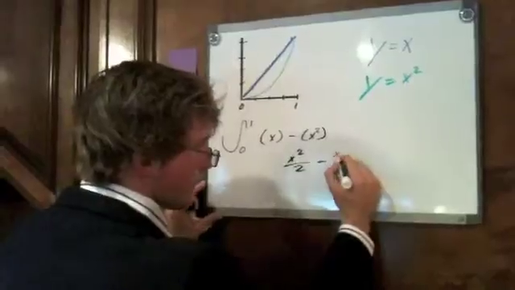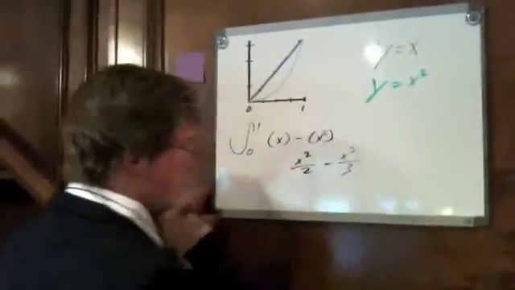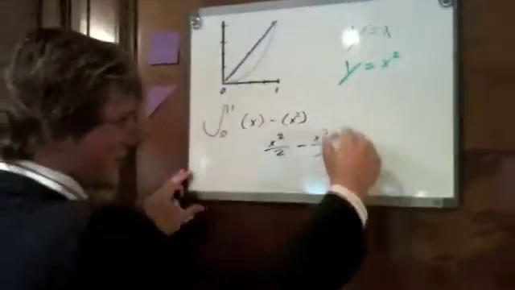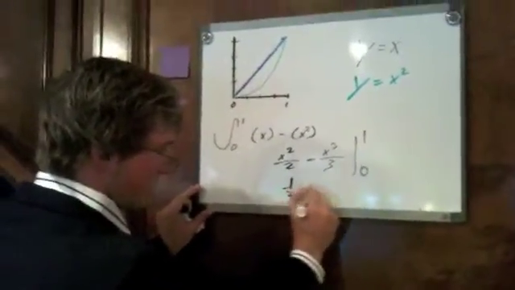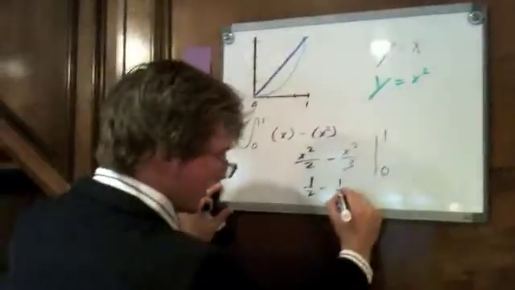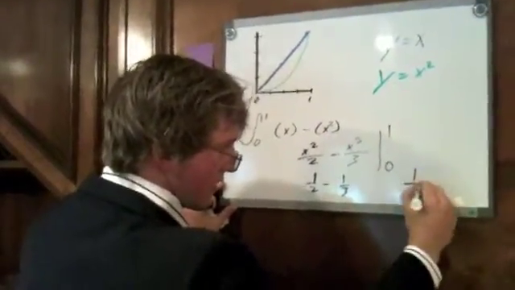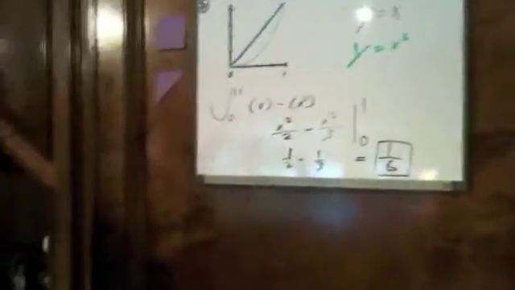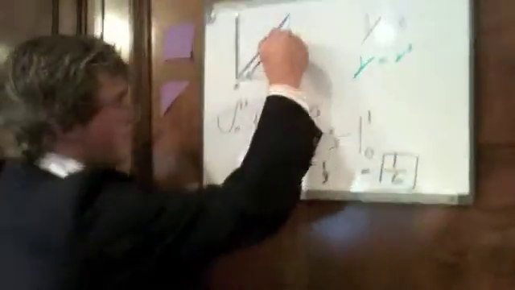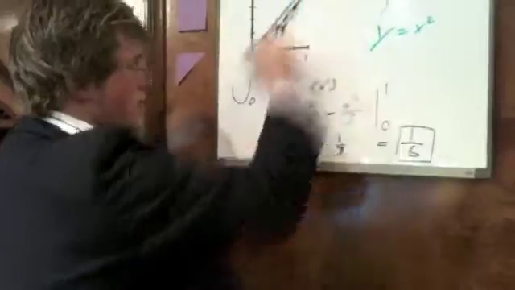That will turn out to be 1/6. I'm not teaching you how to do integrals, I'm just showing you how I came to my conclusion: 1/2 minus a third, which is 1/6. There. That is the area in between the two curves from 0 to 1.